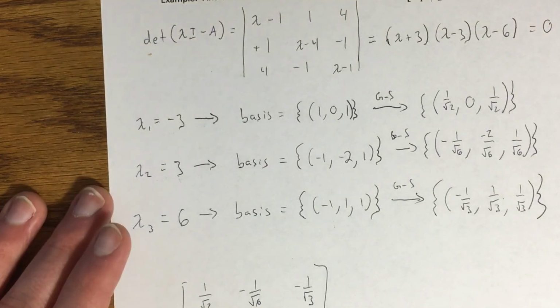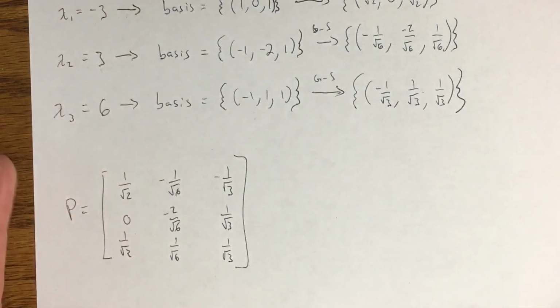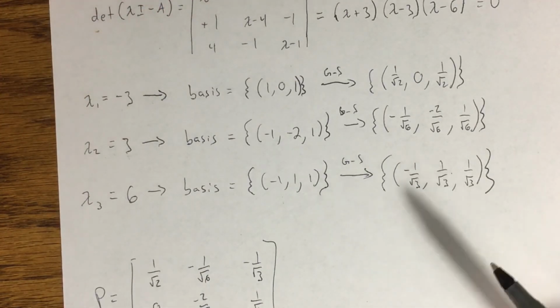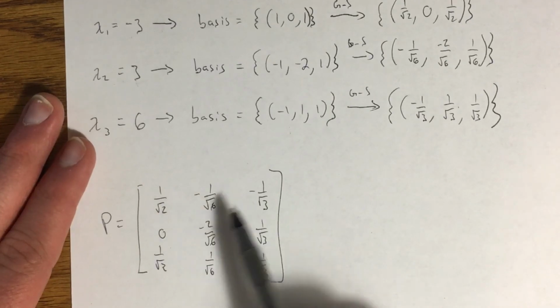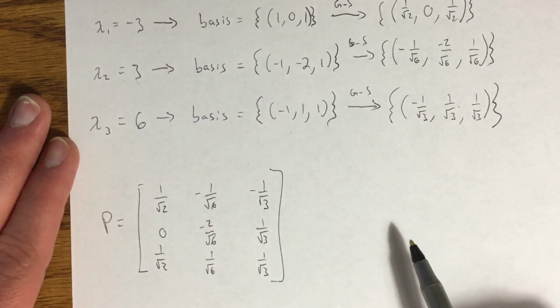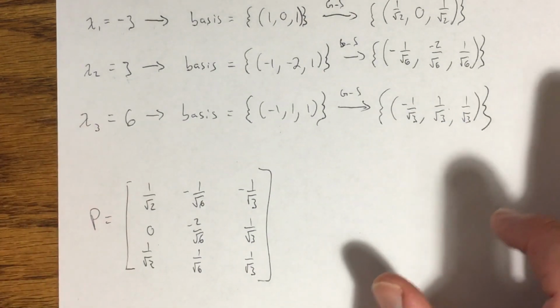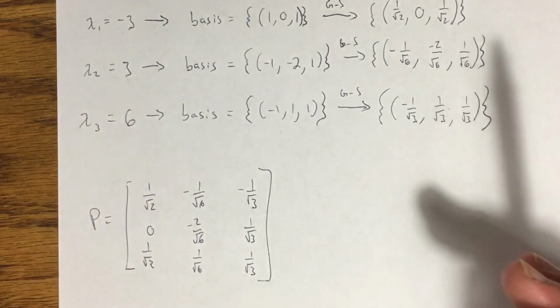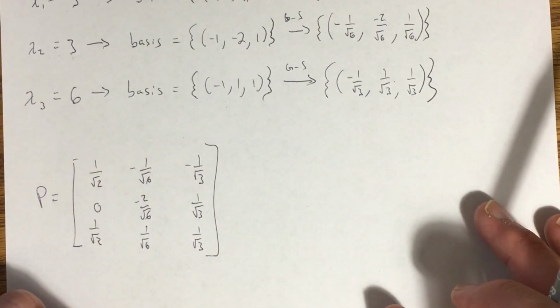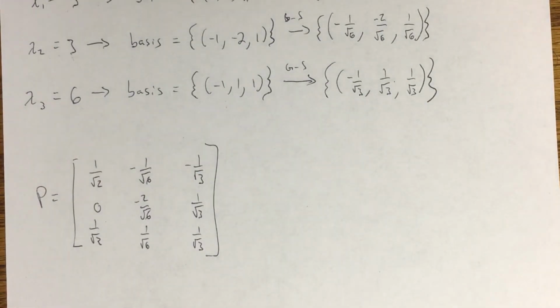So that's just to say that you don't need to worry about putting these columns in the correct order, because there's not a correct order, as long as you know that changing the order just changes the entries on the main diagonal of the diagonal matrix that A is orthogonally similar to. Okay, so that's going to be it for section 7.2.